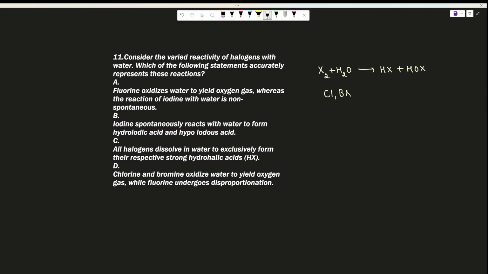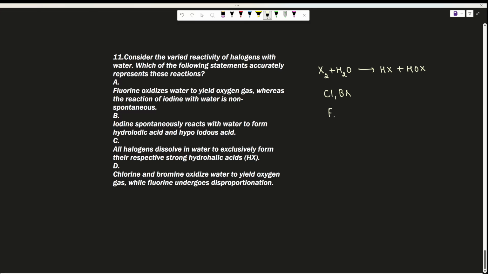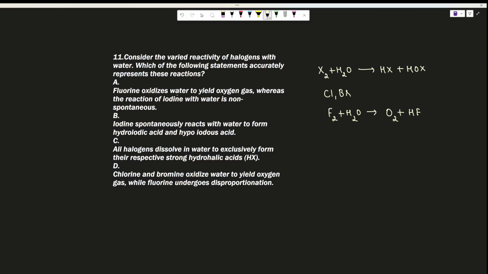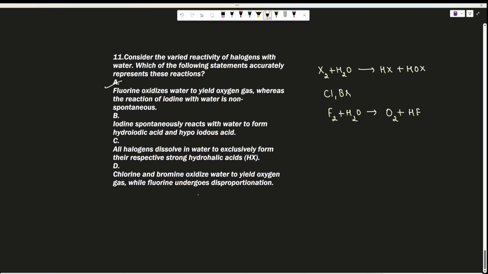And fluorine reacts vigorously with water to give oxygen and HF. Here it is slightly different. So the first one: fluorine oxidizes water to yield oxygen gas. Yes, whereas the reaction of iodine with water is non-spontaneous. Yes, this statement itself is true. Let us see the others also.